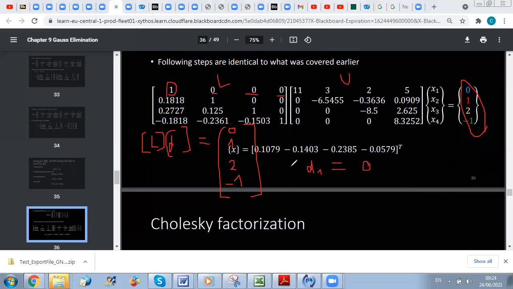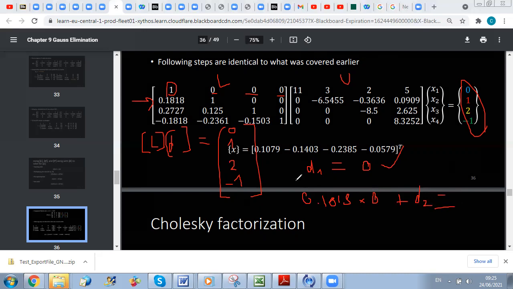Okay, now second step. So we find all the Ds like this. Yes, this is how we get all the Ds, 1, 2, 3, 4. Right. Now we proceed to get D2 by moving to the second equation. The second equation will be 0.1818 D1, but D1 is 0, so you can replace it directly, plus D2 equals to what?